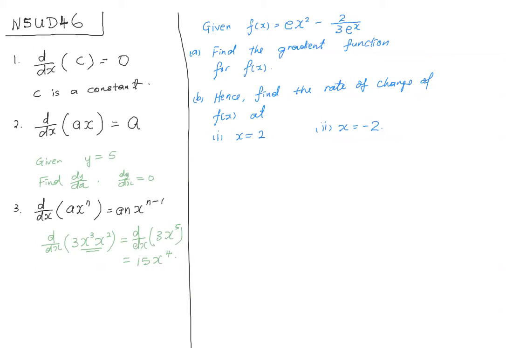Okay, then after that, we talk about the fourth one, the exponential term, correct? It will be a number times e, then the power can be anything.